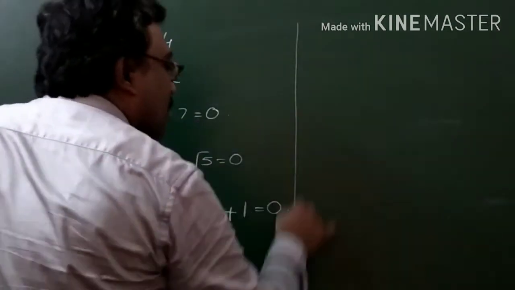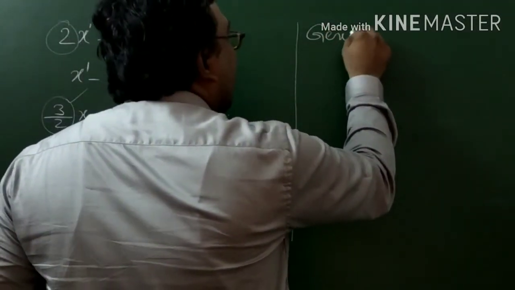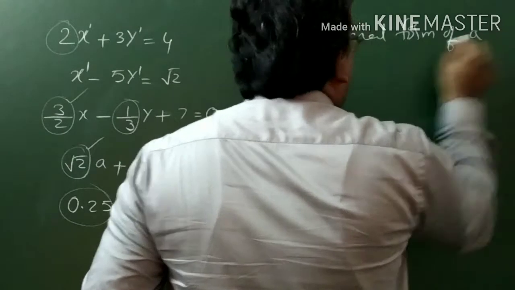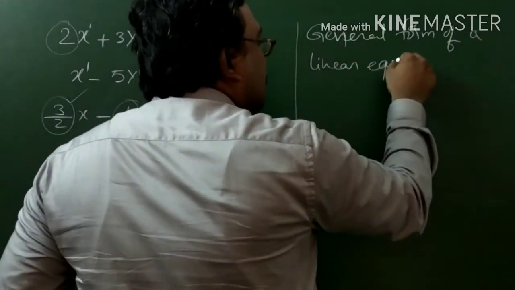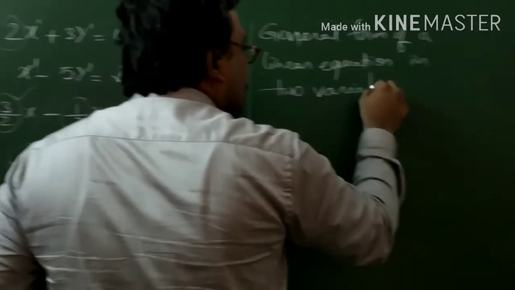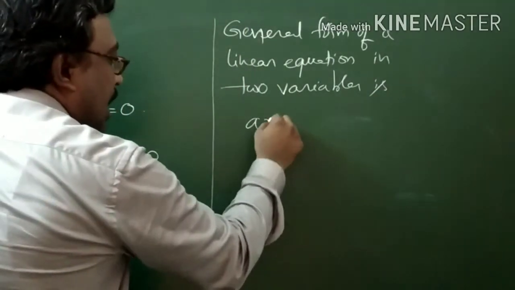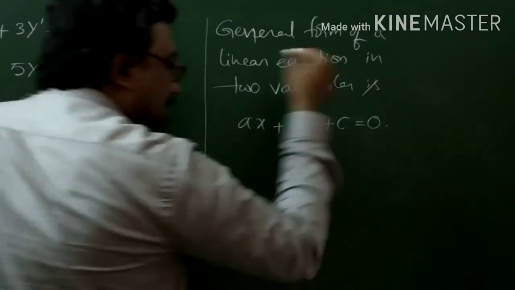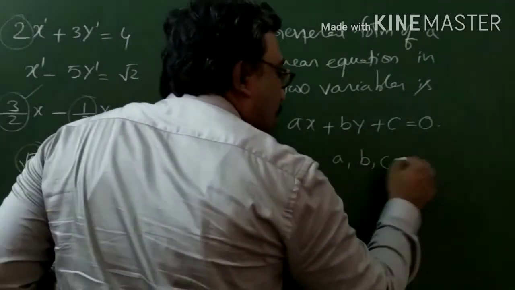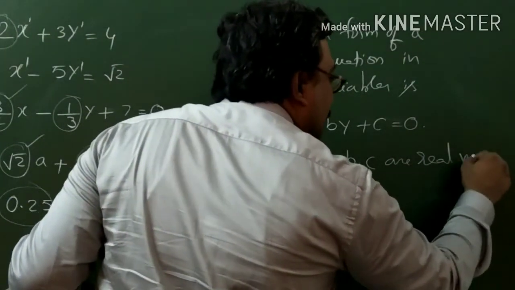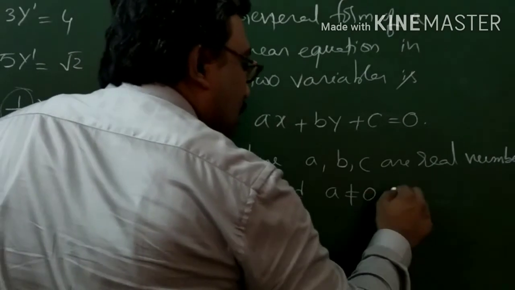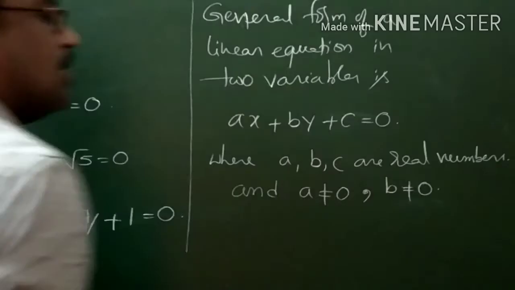Now, the general form of a linear equation in two variables is ax plus by plus c is equal to 0, where a, b, c are real numbers, and a not equal to 0, b not equal to 0.